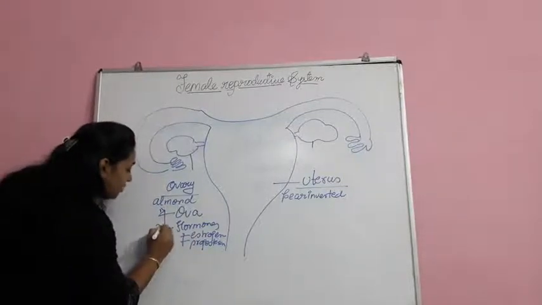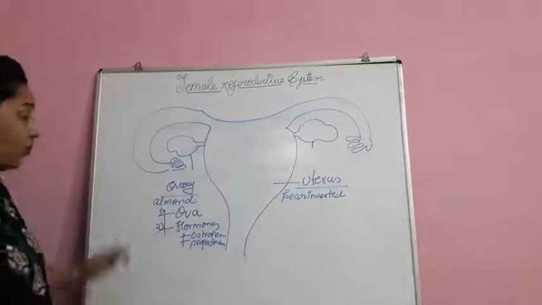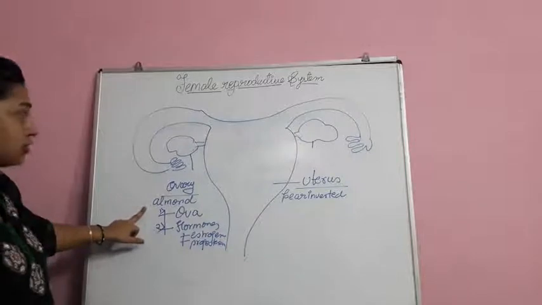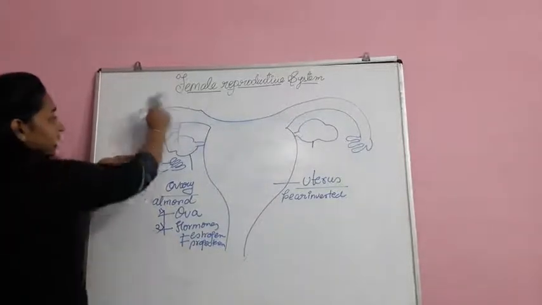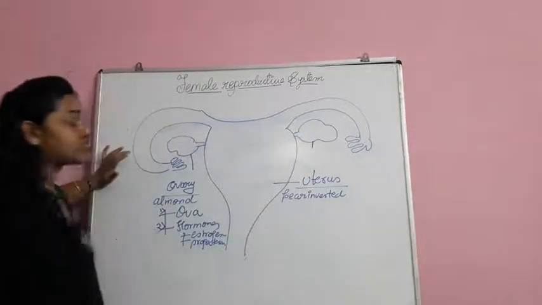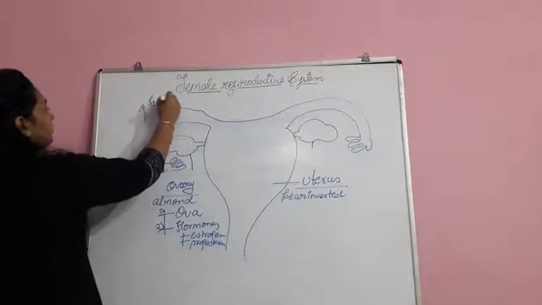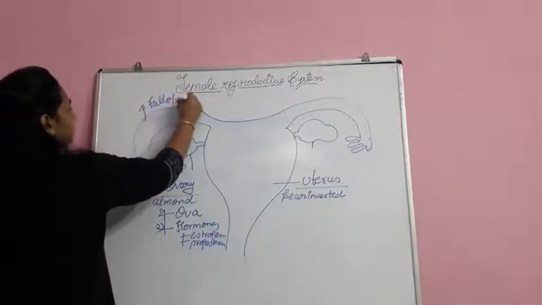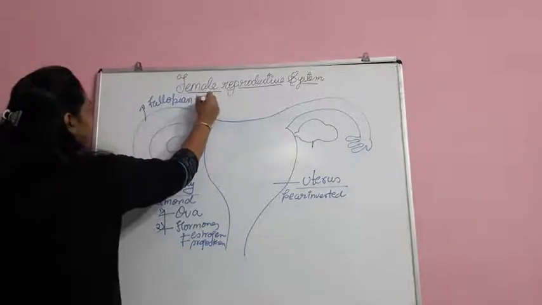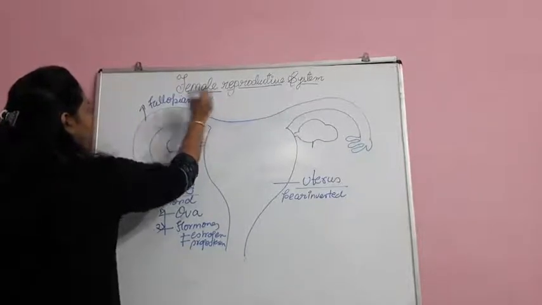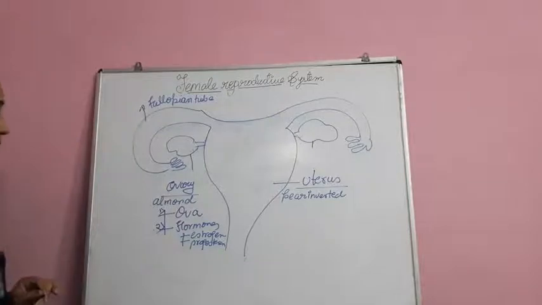These are the two functions of the ovary, which is an almond shaped structure. This tube kind of structure which you can see is the duct and is called the fallopian tube.